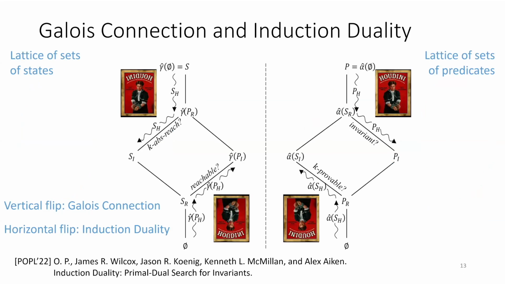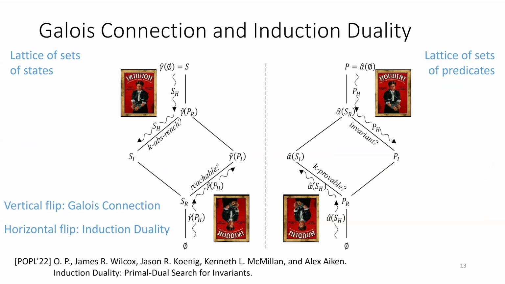It has many interesting and nice theoretical properties. The proofs of these properties highlight the duality. I really like it. I encourage you to look at the paper. And I'm putting here this figure because it's a very nice illustration of this new induction duality versus the Galois connection. These are two figures.